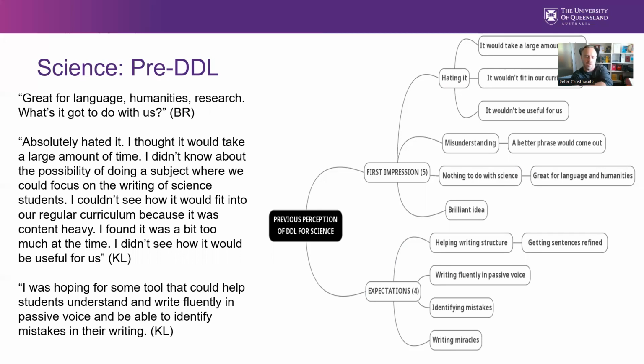So clearly, the way that the DDL was sold to them didn't originally spark interest, although it has to be said that they did want to give it a go, despite initially negative attitudes. They felt it would have very little to do with science, and be great for language and humanities related subjects. It wouldn't fit into their curriculum. It would take too long.